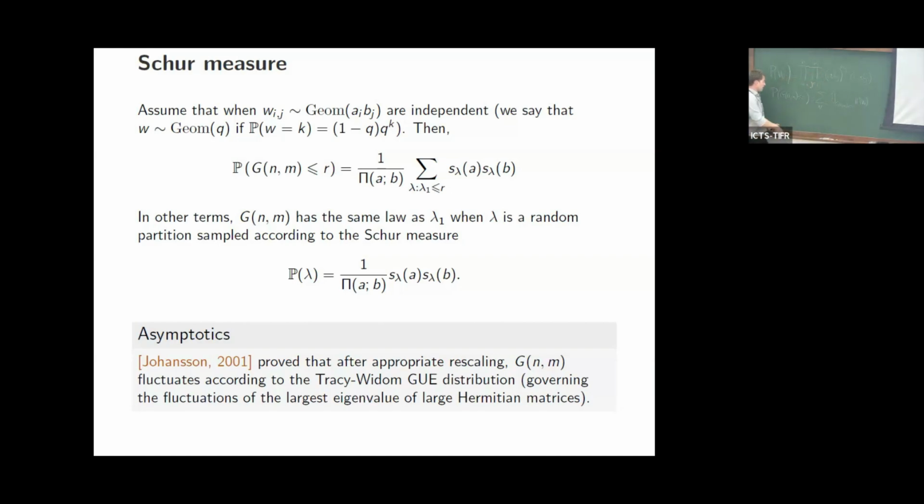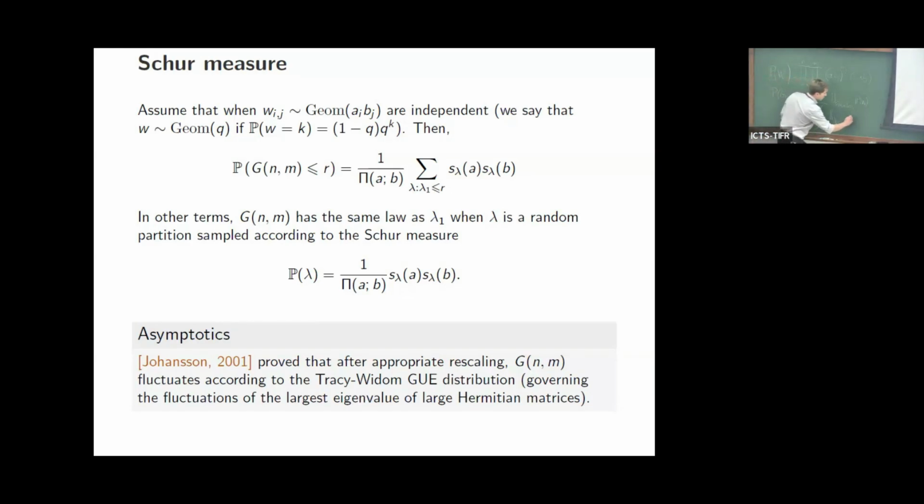But then I can use my change of variable, my Robinson-Schensted-Knuth correspondence, and instead of summing over W's, I can sum over sequences of partitions. Now the indicator function becomes the indicator function that lambda 1 is less than r, because we have an equality between G(n,m) and lambda 1 in that correspondence.